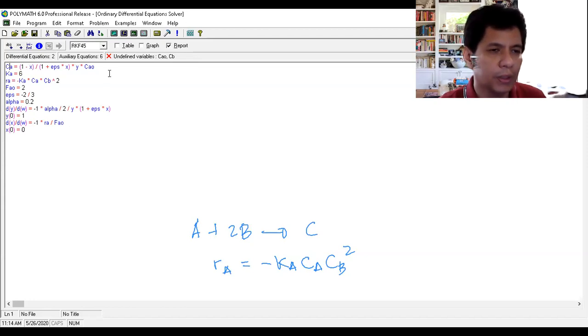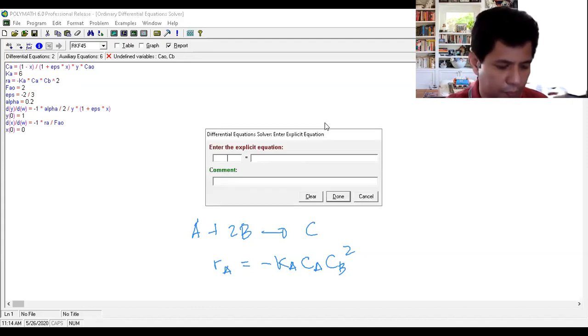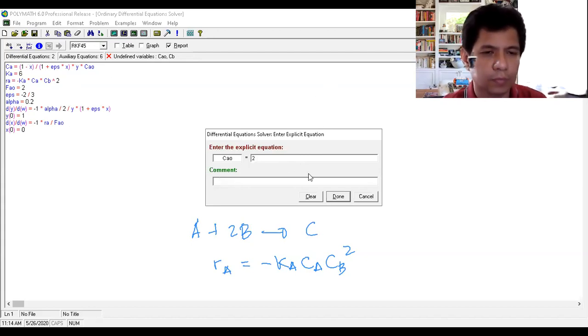So just enter the value of CAO from the problem.